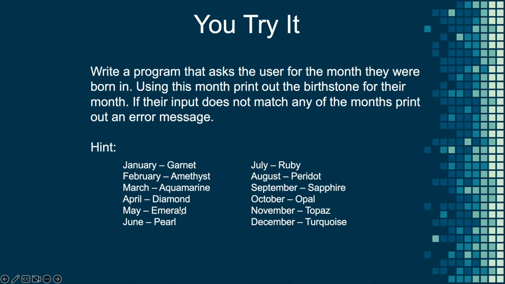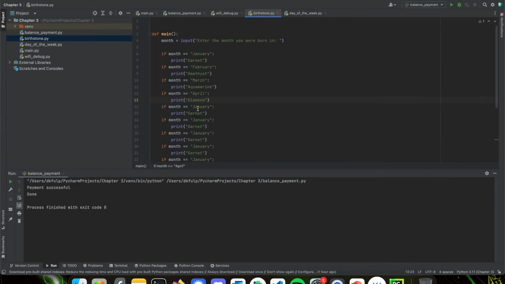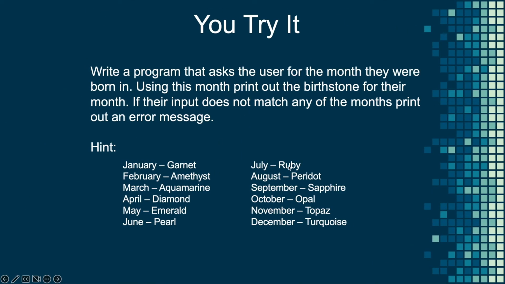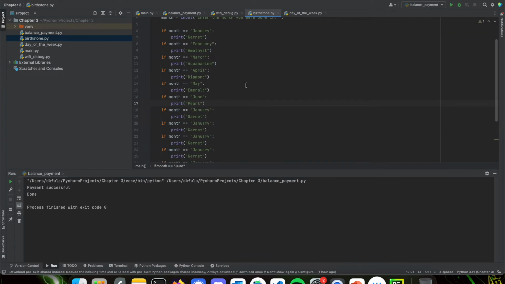Then we'll do May, emerald, June, pearl. So May is emerald. June is pearl. We have July, which is ruby. August is peridot. So July is ruby. August is peridot.